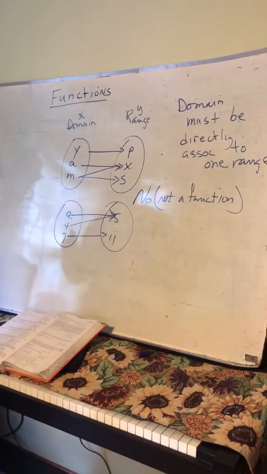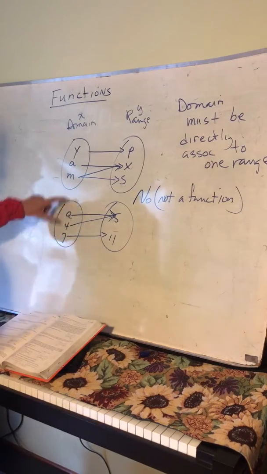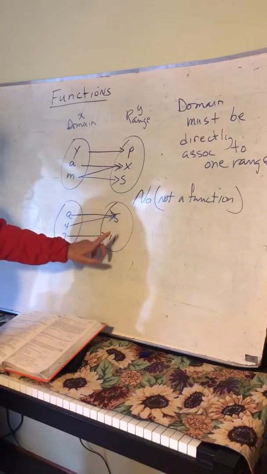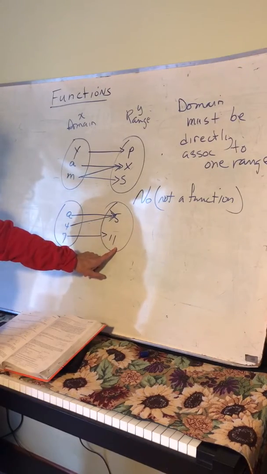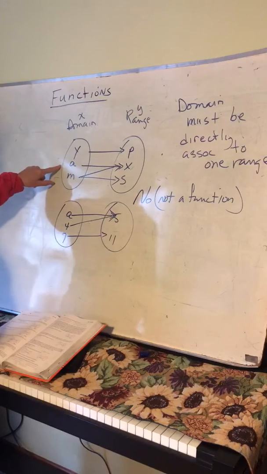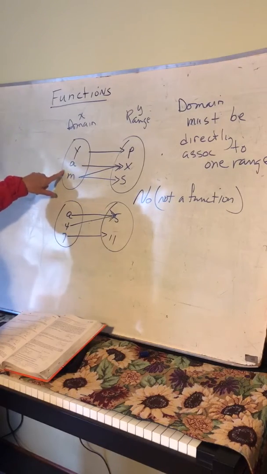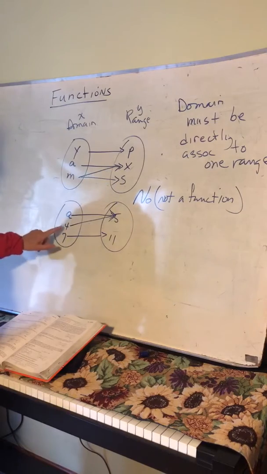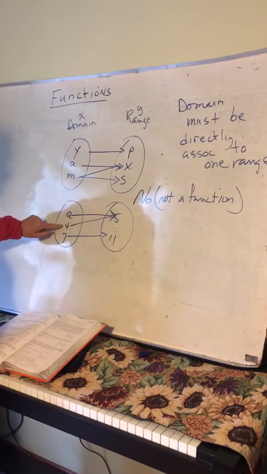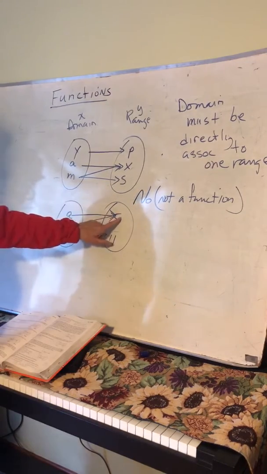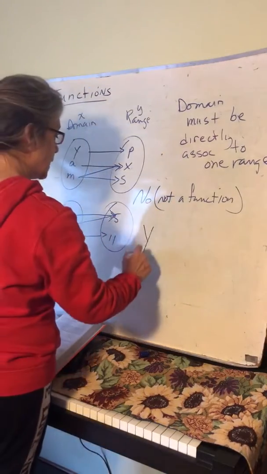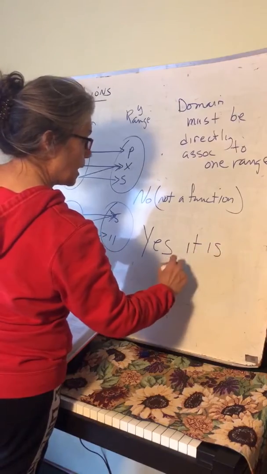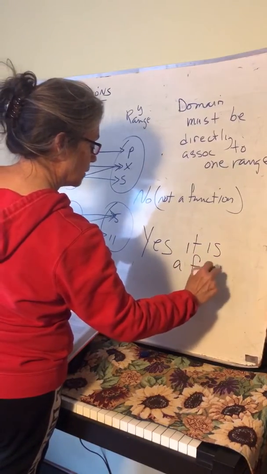Well, all of our domains relate to one range. Unlike this one, where one of our domains relates to 2. Here, each of our domains relates to 1. So this is a function. Yes, it is a function.